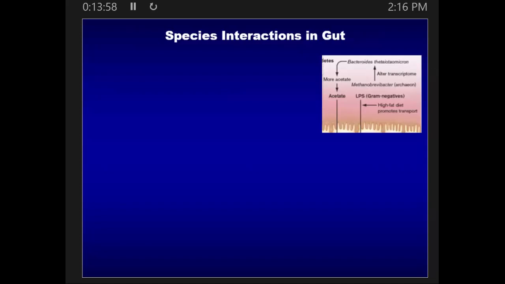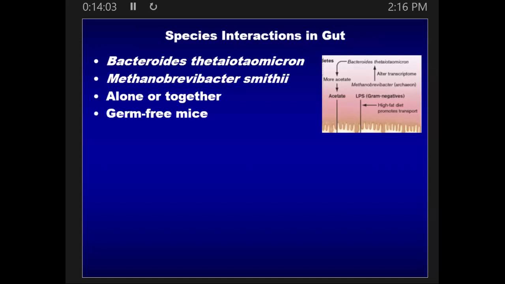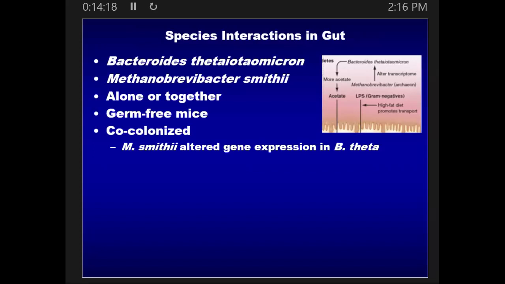So with these two though, when they did this particular study, what they found is that when they put these either singly into germ-free mice or put these 2 microbes together and then got them into the mice, and then they had the mice either living separately or colonized them together, what they were finding is that Methanobrevibacter was altering the gene expression of Bacteroides. If Methanobrevibacter wasn't there, you see a different gene expression pattern in the Bacteroides.